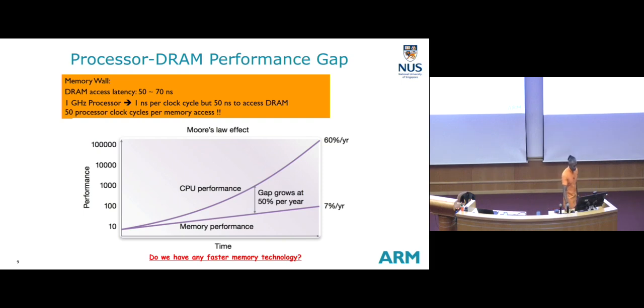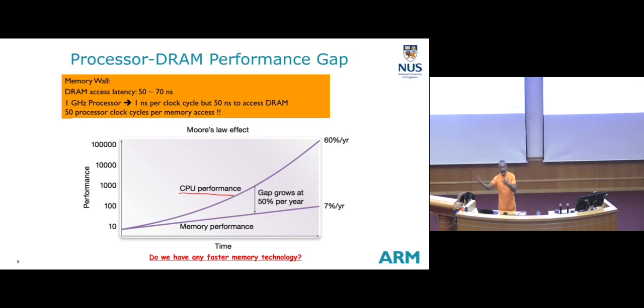Every year the CPU performance is always going higher and higher. The memory performance is also going higher, but at a slower rate. So what does this mean, or what is the issue here? The issue is that your processor can process information very fast.